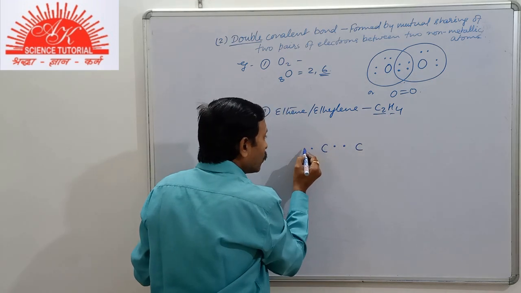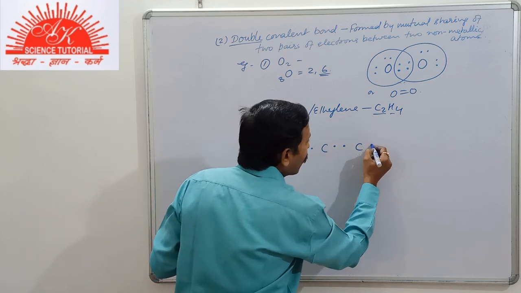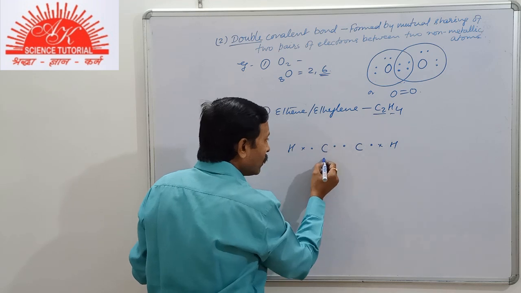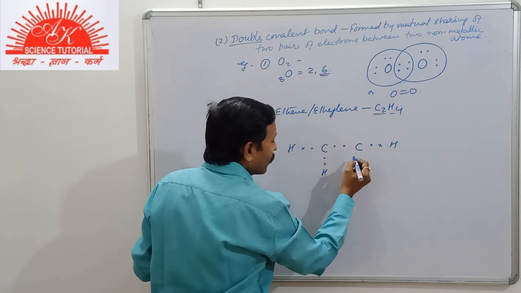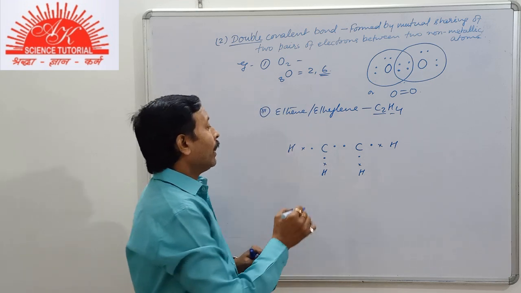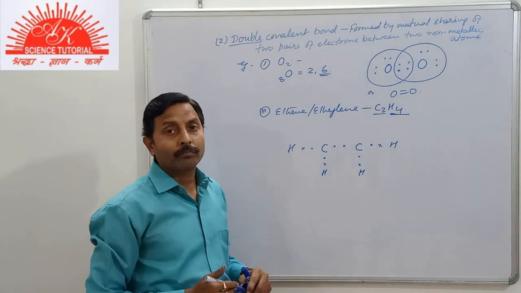Now start to distribute hydrogen. One hydrogen shares 1 electron on this side. One hydrogen again is shared here. Come for another hydrogen. Again for this one.